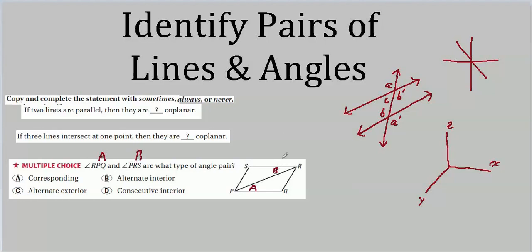Now, this is a parallelogram. They don't say so explicitly, but I think you're supposed to assume that's what it is. That means these 2 sides are parallel, and these 2 sides are parallel. Well, this is the angle made with the transversal cutting these 2 parallel lines.